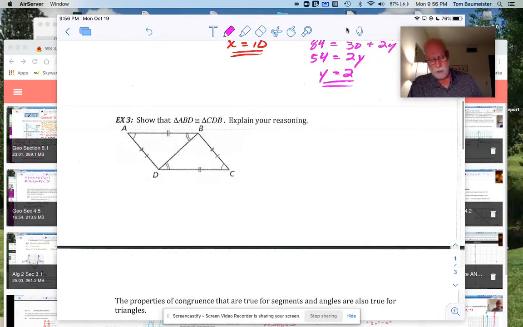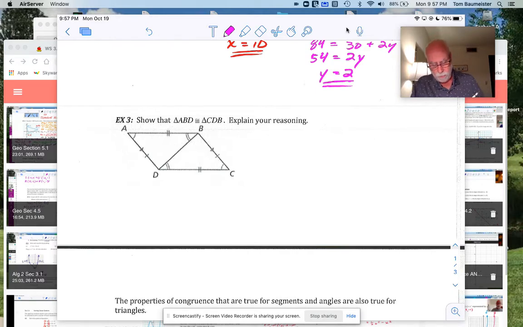So our next example on this one here says show that triangle ABD is congruent to triangle CDB and explain your reasoning. All right, so now they're going to have to tell me some things that you know. And some of these things you'll probably have forgotten from earlier chapters, but again, I always say mark what you know.